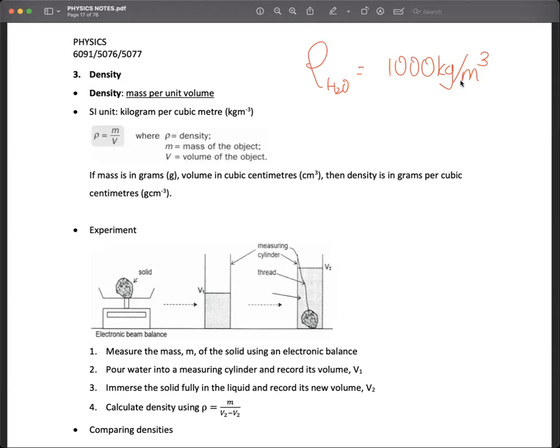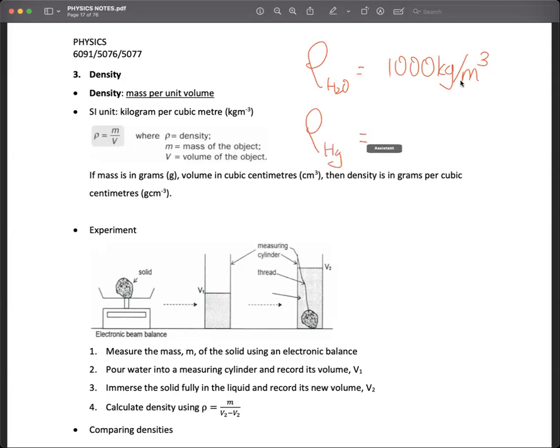Okay, so I'll give another example. The other thing that you also need to know, which is used quite often, will be the density of mercury.